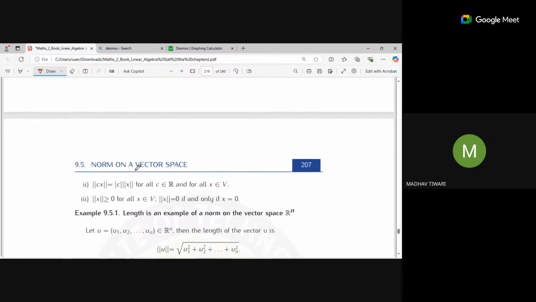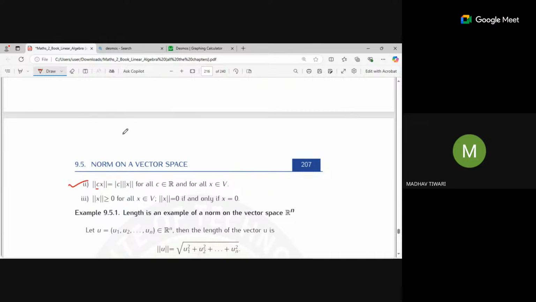This is your first property, that if you have two vectors x and y and you want to find their norm, same as length, it should always be less than or equal to finding the individual lengths or individual norms and then doing the addition. This property should be satisfied. Next property is this multiplication property, that multiplying firstly then finding the norm should be equal to finding the norm and then multiplying. Okay, this property. And the third property is this.